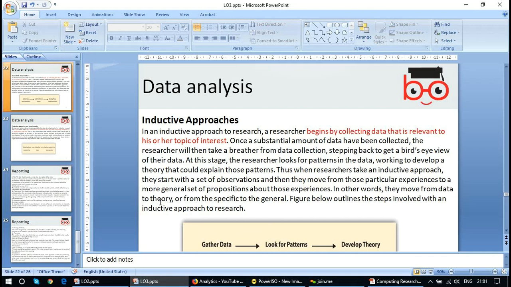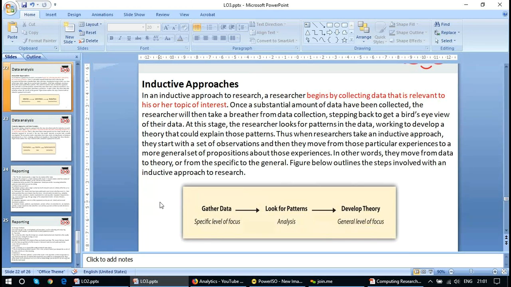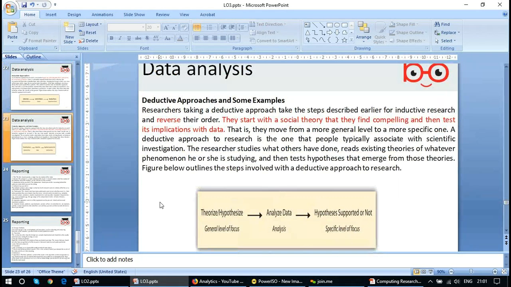That is the inductive approach of analysis. So what is done? Get the data and produce a theory. Is that clear? Yes. While the deductive approach of data analysis is where you look at the theory, start with a social theory that you find compelling, and then test its implications with the data.